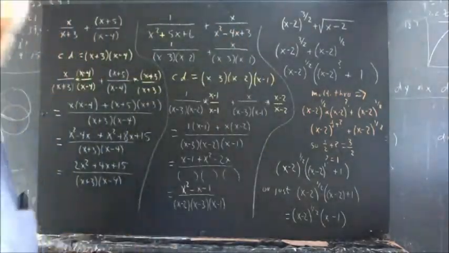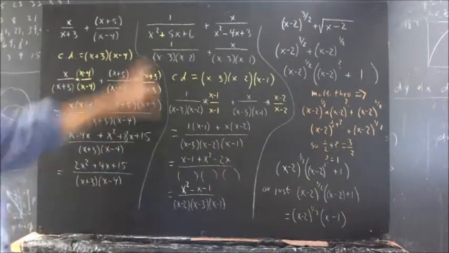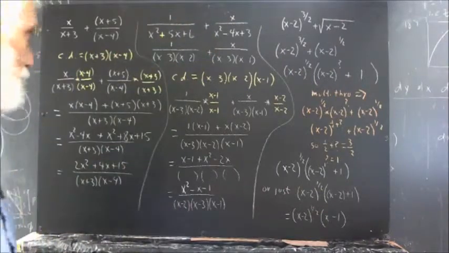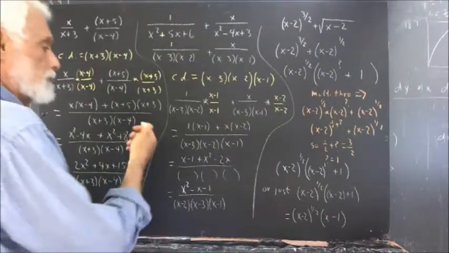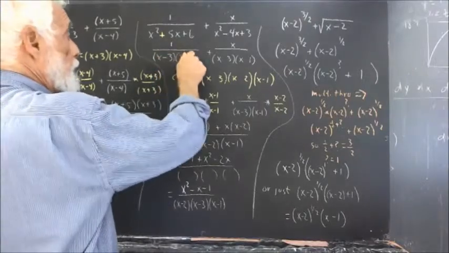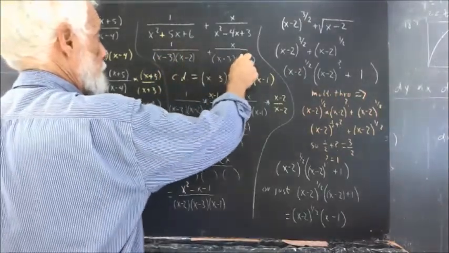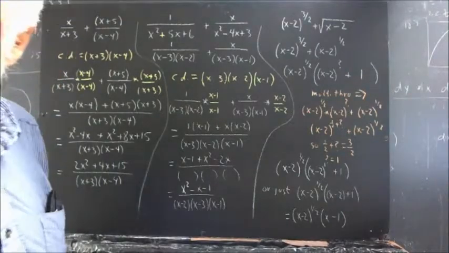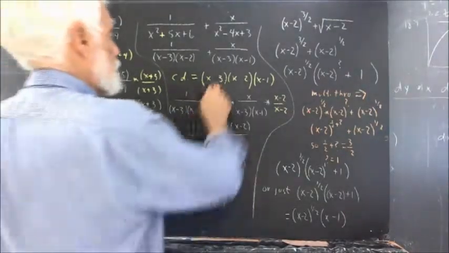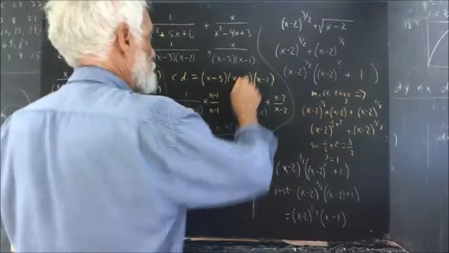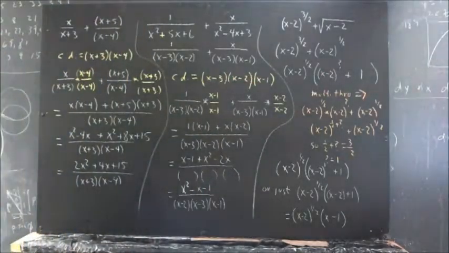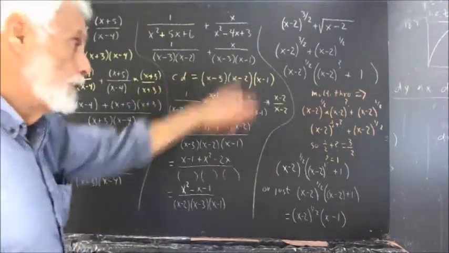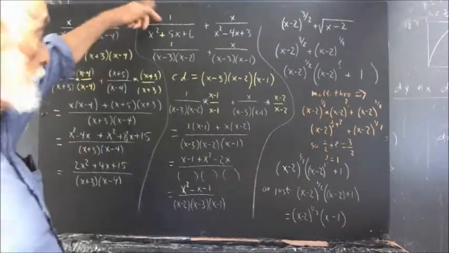I'd originally written them plus, so I cleared them out, but then I forgot to correct them. And I've apparently done the same thing here, so let me just put those in. And we're going to have minuses here and here as well.